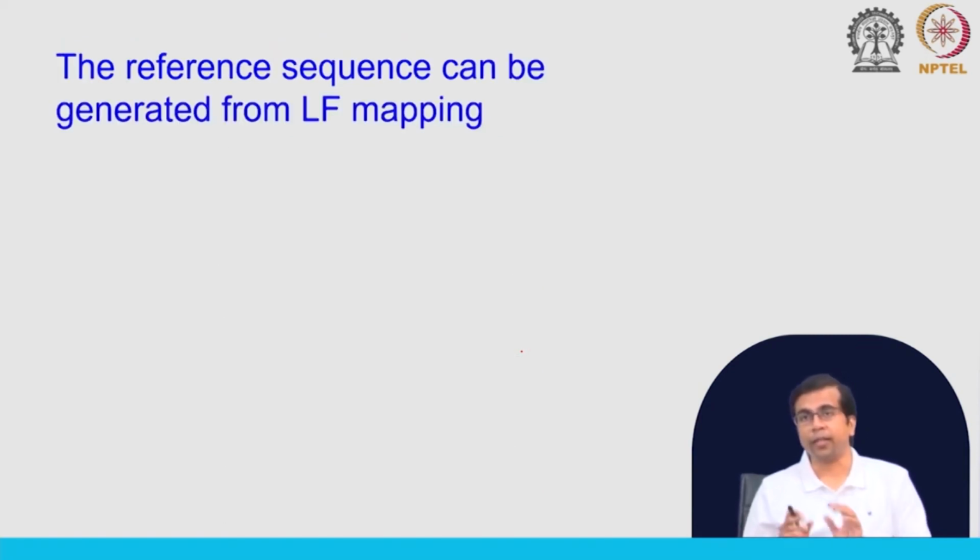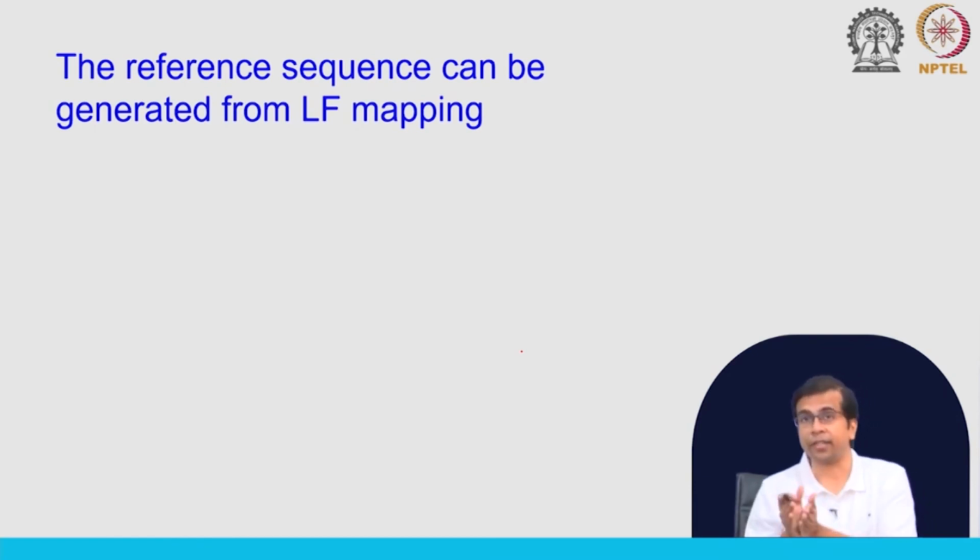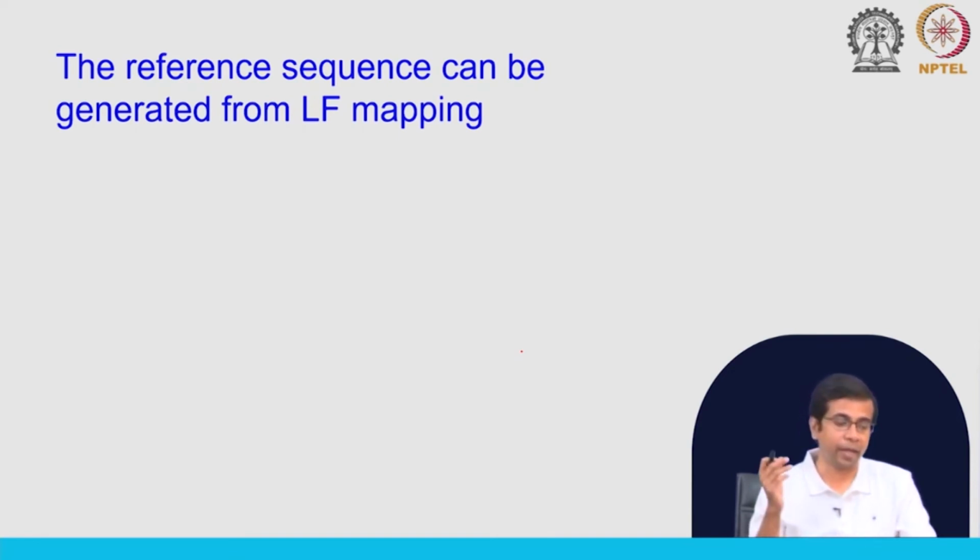Now, we will talk about another property, what we can do with LF mapping. Using this BWT sequence and the property of LF mapping, we can actually generate the original reference sequence. The only thing we need is this BWT, and we can generate the first column from BWT, and combining these two with the principle of LF mapping, we can go back to the reference sequence.